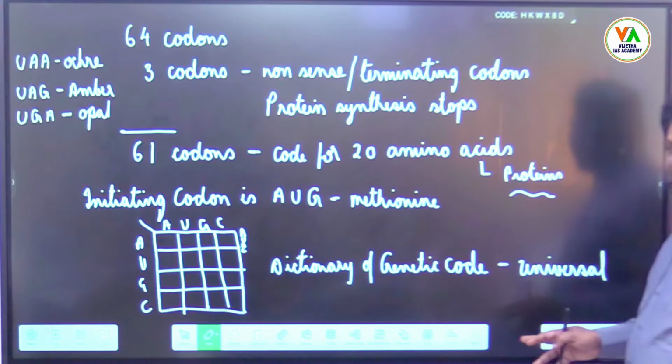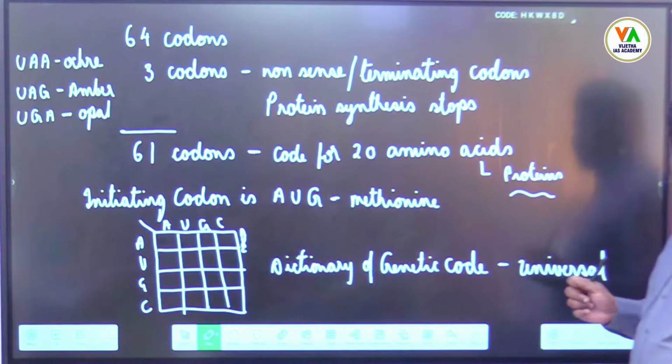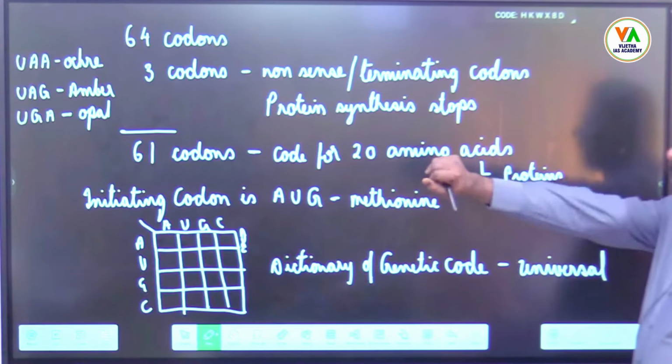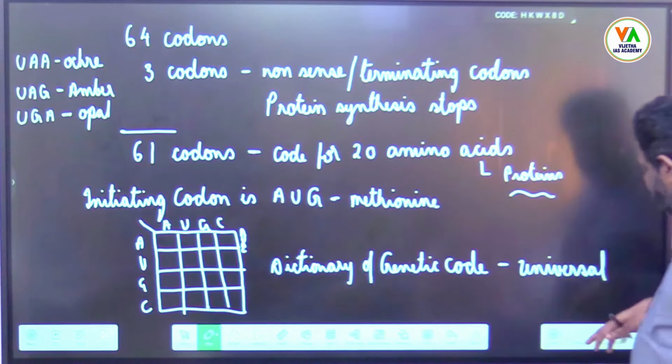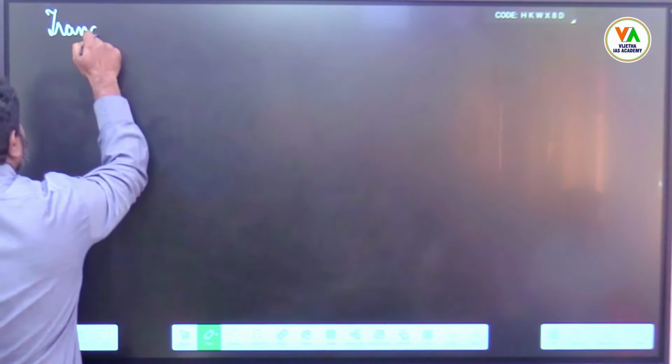So what is RNA? Ribonucleic acid. What are different types of RNA? mRNA, which contains the genetic messages, tRNA, transfer RNA, and rRNA, which is ribosomal RNA. Isn't it? What is translation?